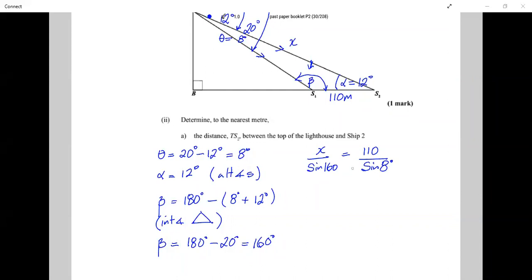I'm sort of going to do a half cross multiply and bring this over here. So x would be equal to 110 sine of 160 degrees divided by the sine of 8 degrees. Now, all I have to do is put this in my calculator and press equal.